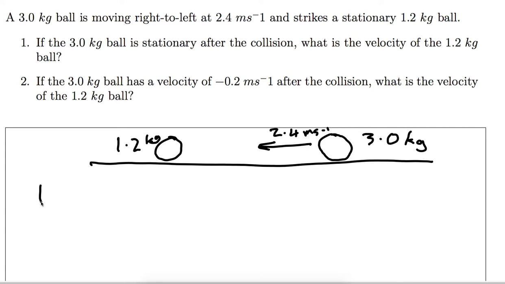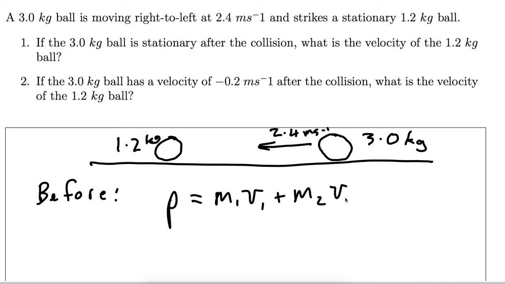So overall momentum before the collision, because remember momentum is conserved: P overall total equals mass of ball 1 times velocity of ball 1 plus mass of ball 2 times velocity of ball 2. P equals mv. Because I mentioned the 3 kilogram ball first, I'm going to call that ball 1.